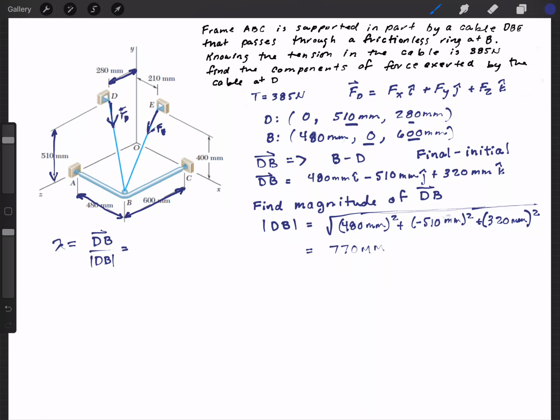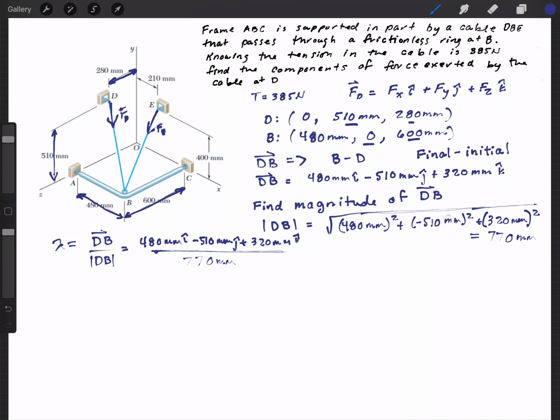So this is 480 millimeters I minus 510 millimeters J plus 320 millimeters K, all divided by 770 millimeters. So that would be our unit vector.